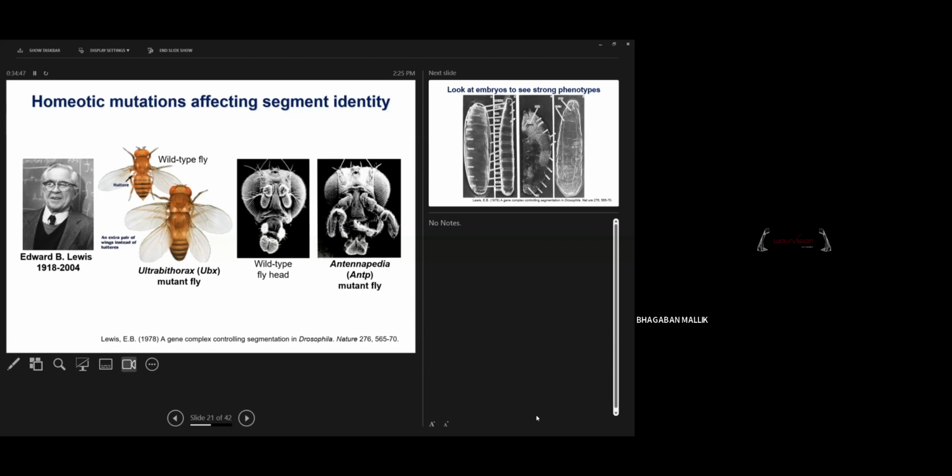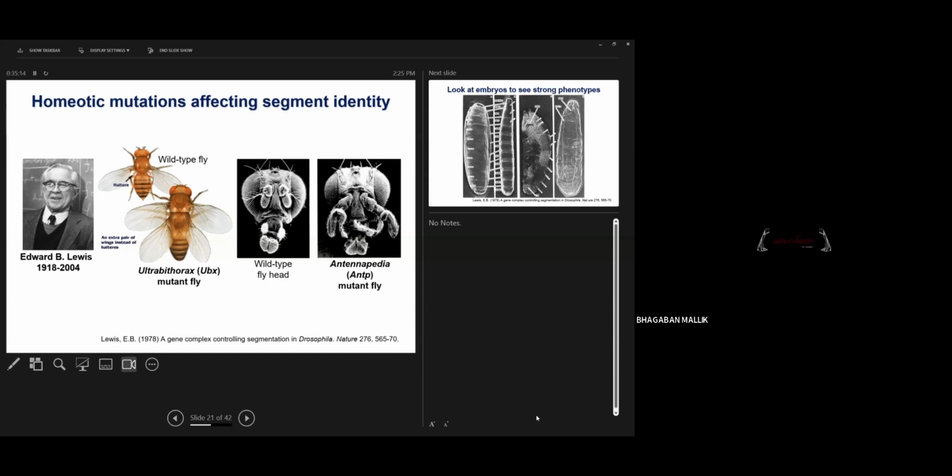You have the head here, the thorax here, the abdomen here, and the halter here. Like in humans you have the semicircular canal in the ear that acts as a balancing organ, in flies the halters, which are actually rudimentary wings, help in balancing and keeping the proper posture during flying in Drosophila.